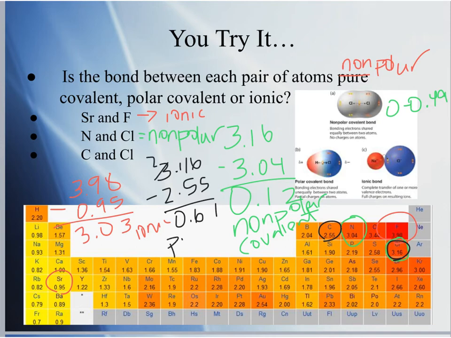This is our polar covalent bond. That means when carbon and chlorine hook up, they are not going to share fairly. Chlorine is going to hog the electrons from carbon. And so chlorine's going to have a slight negative charge, and carbon's going to have a slight positive charge because chlorine is not sharing fairly.